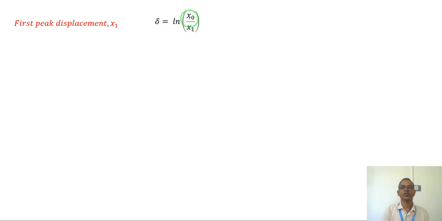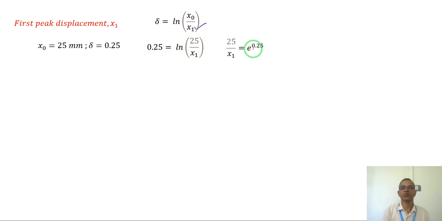The initial displacement is given as 25 millimeter, and we need to find the first peak x1. So 0.25 equals ln 25 by x1. Taking the antilog, 25 by x1 becomes e to the power 0.25, and I get x1 as 19.47.